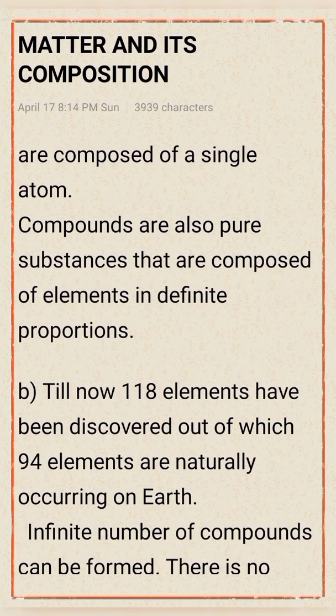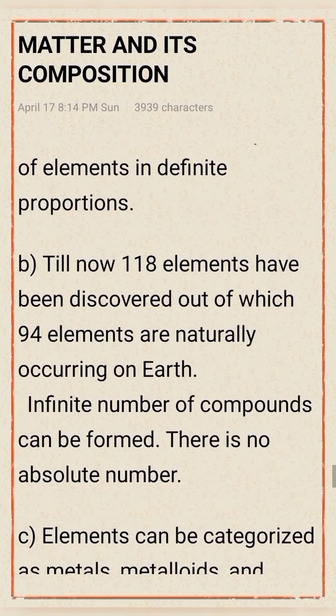Second part, that is B. Till now 118 elements have been discovered, out of which 94 are naturally occurring on earth. But an indefinite number of compounds exist; no particular fixed number of compounds can be found.